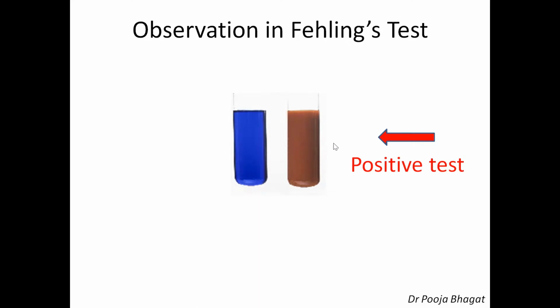If the color of the solution in the test tube is like this, then it is a negative test. Again, the intensity of the brick red precipitate may vary depending upon the concentration of the reagents and the compound you have taken. But for reference, I have shown that this is the positive test and this is the negative test.